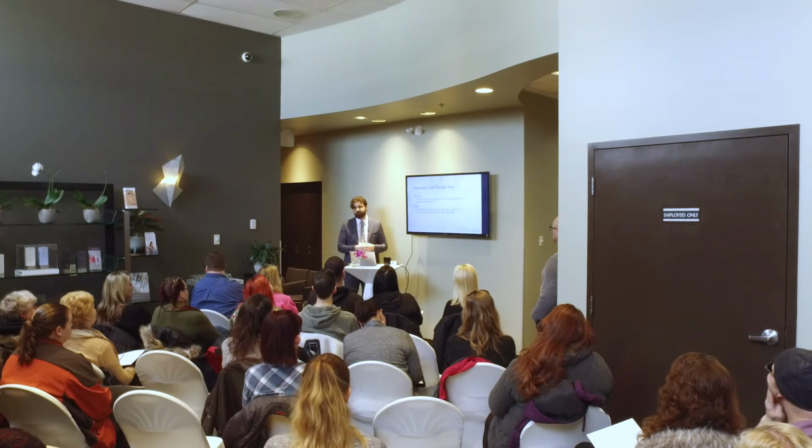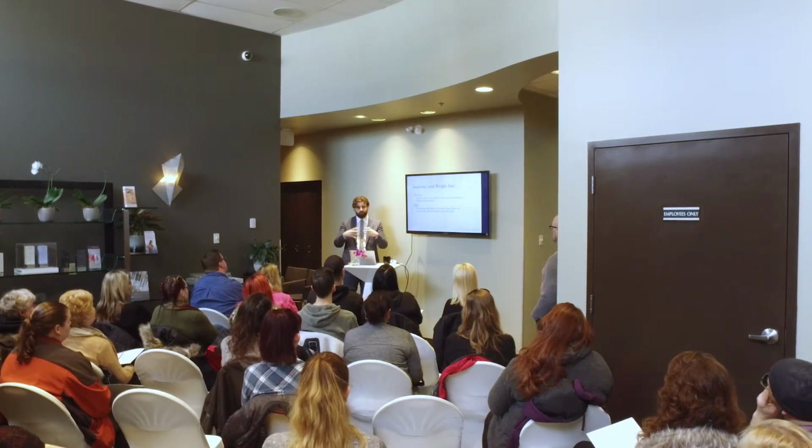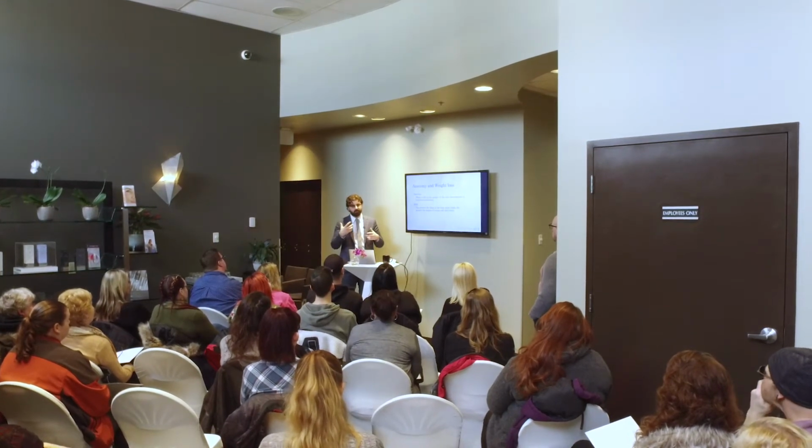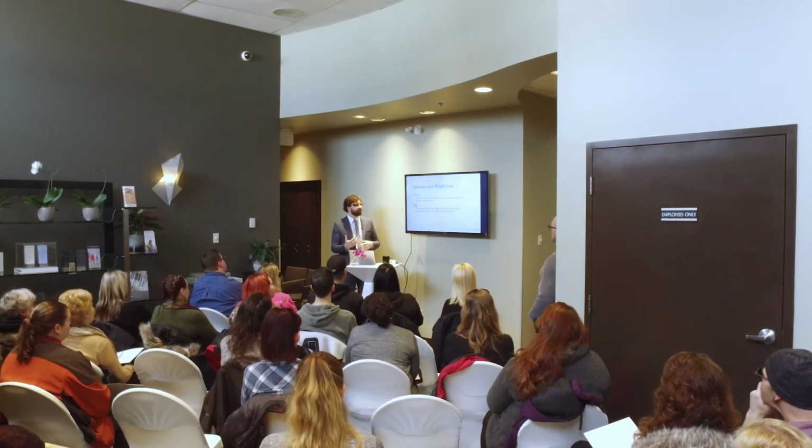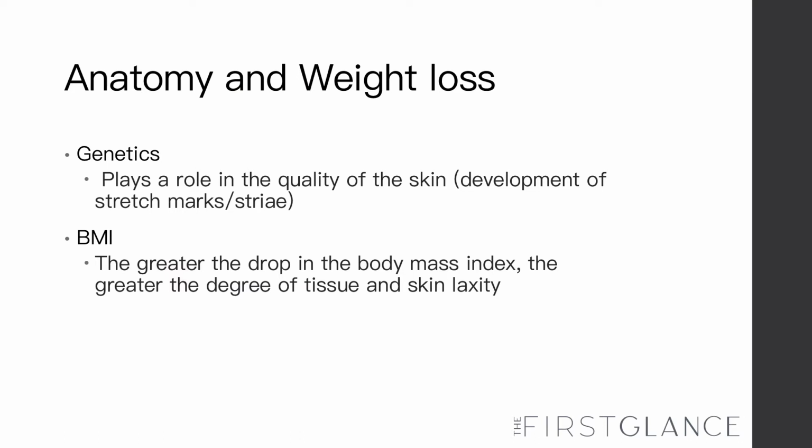And then BMI effects on the overall appearance or areas of redundant and excess skin is related to the severity of the BMI drop. BMI is basically a body mass index, it's a way of looking at the overall surface area of an individual with their height and their weight, and putting that into a scale that then can be used as a reference amongst different individuals.